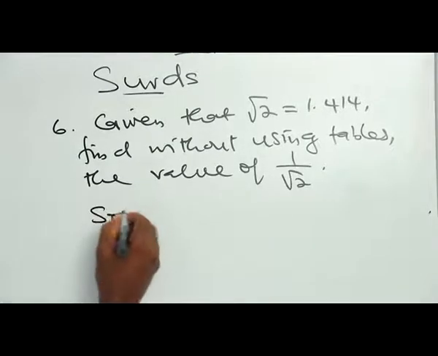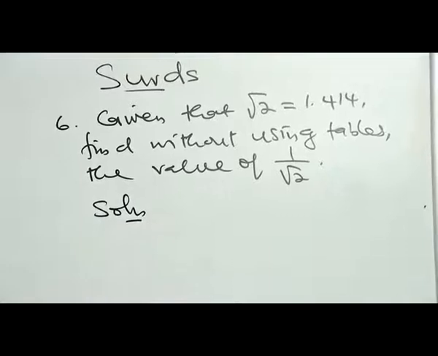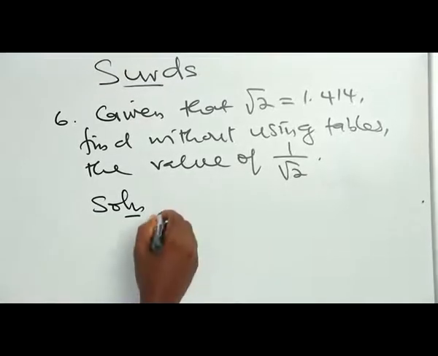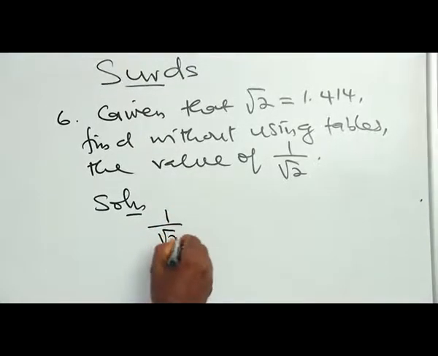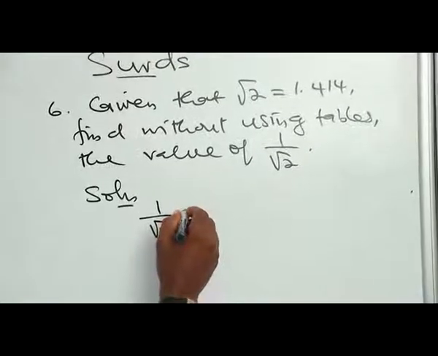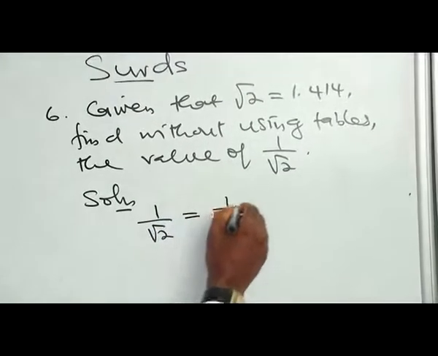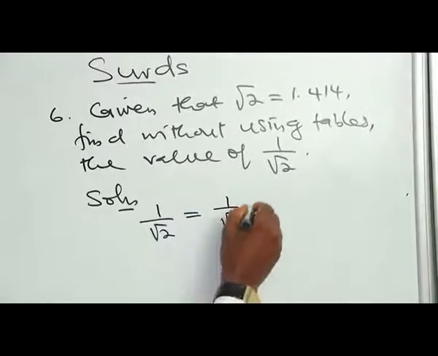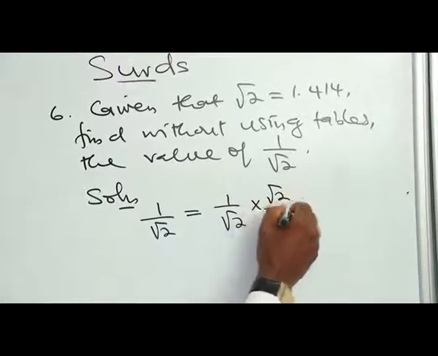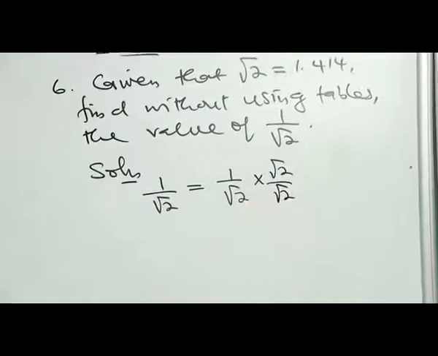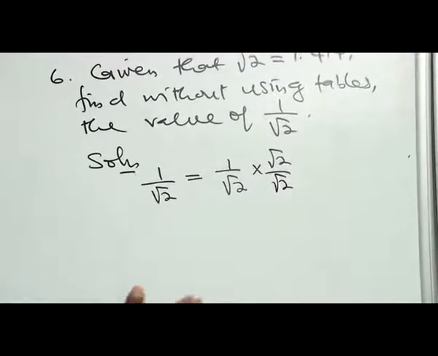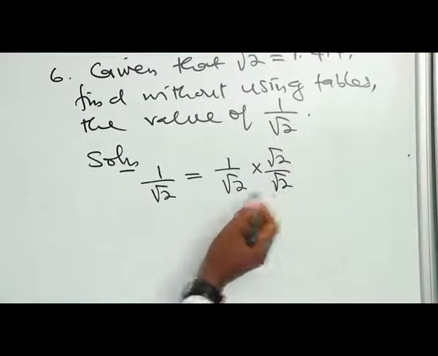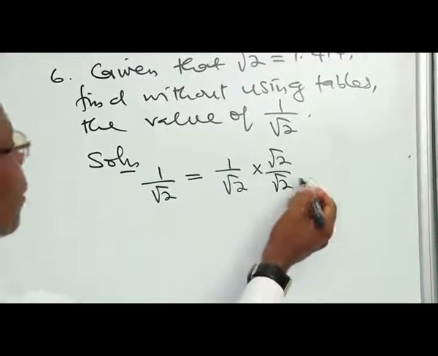Our solution: we have 1 all over root 2 will be equal to 1 all over root 2 times root 2 all over root 2. What have I done in this case? I am rationalizing to make it simpler.